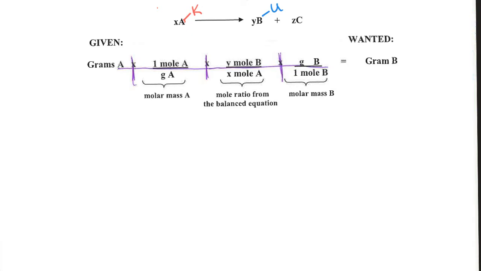This would be the coefficient for the known, and this would be the coefficient for the unknown. So we're going to put a box around those, because those are going to be our bridge. The bridge that's going to go from our known to our unknown. So that's our bridge.